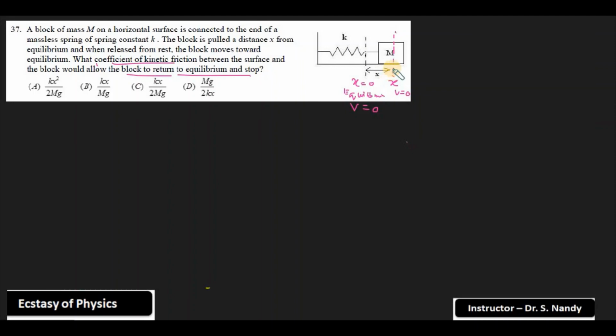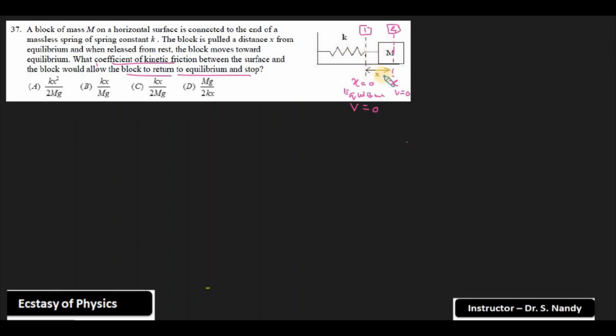So between point 1 and point 2 we can apply the conservation of energy. At position 1, due to the elongation of the spring, it has a certain amount of potential energy, and that is getting lost due to the work done by friction.